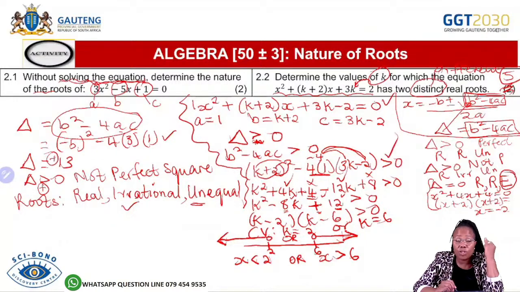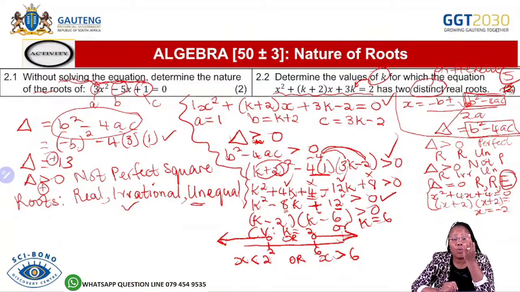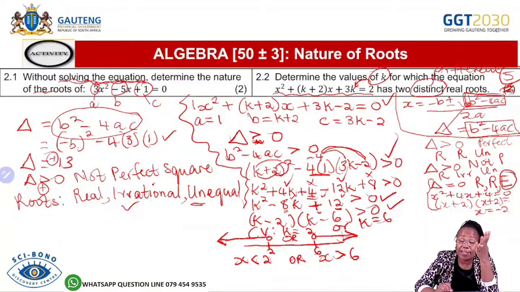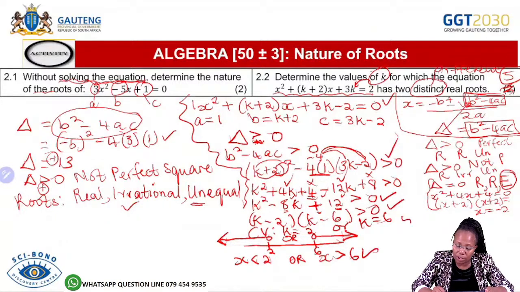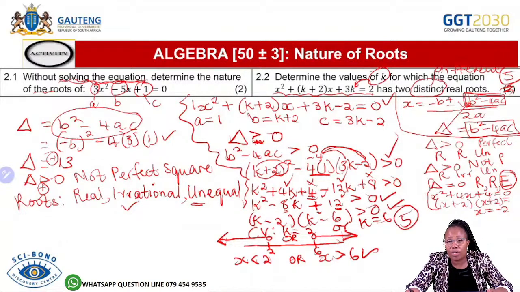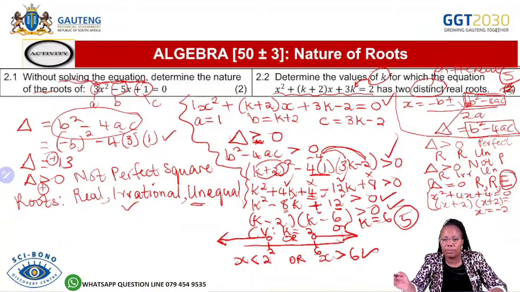Second mark, substituting into the correct discriminant equation. The third mark for the correct quadratic equation. The fourth mark will be for the factors. And the last one will be for your final solution. So that is the 5 marks for that particular question, grade 12.